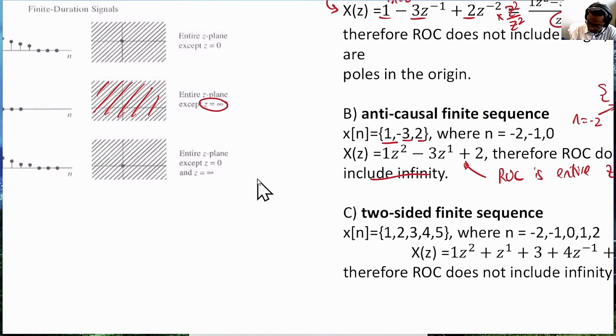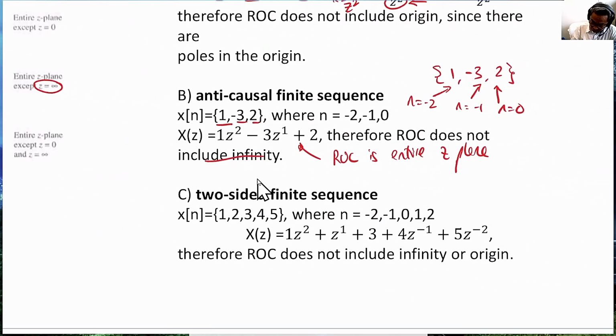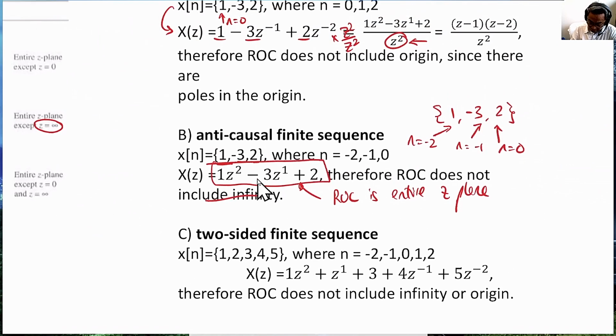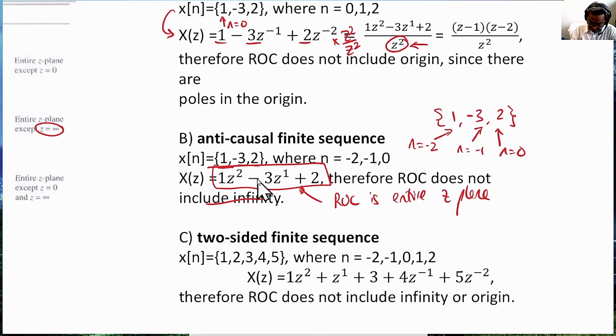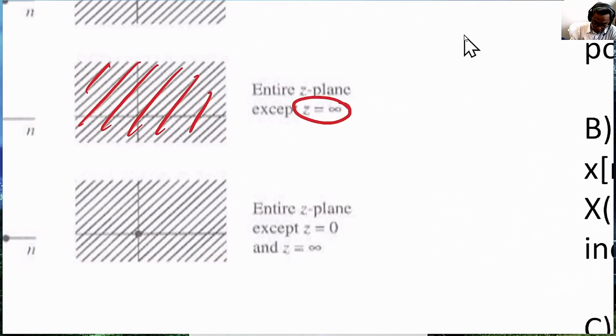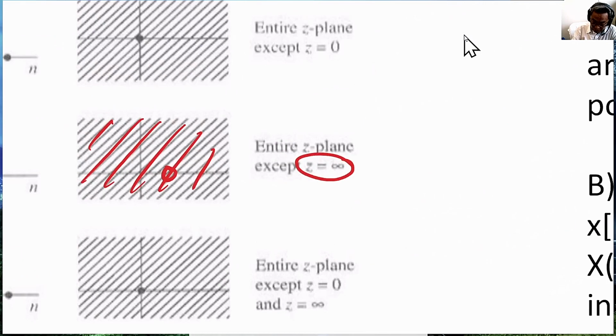Now, of course, again, you can factor this to get the zero locations. In fact, this equation and the previous equation are identical, so the zeros are at 1 and 2 as well. So z equals 1 and z equals 2 are the zero locations, but there's no pole at the origin.